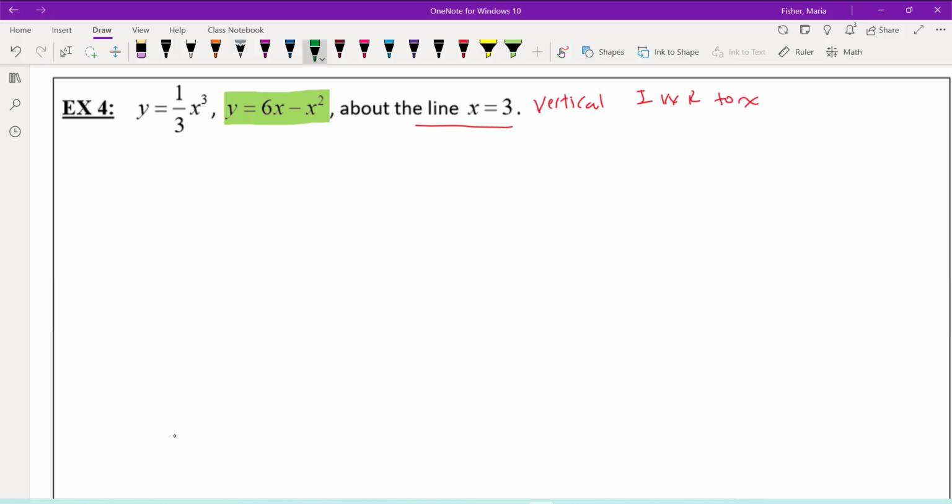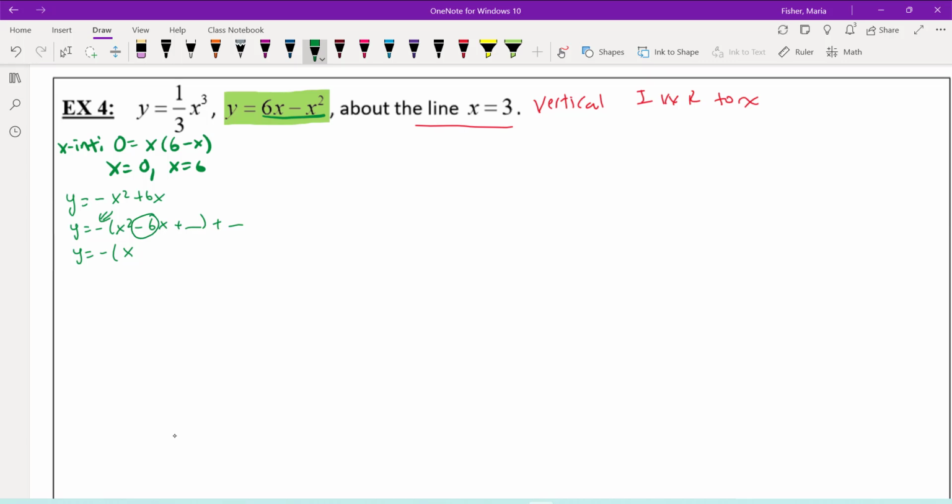If we find the x-intercepts, let y equal 0. We know we can factor out an x quickly, and then we'd be left with 6 minus x. So we know we cross the x-axis at 0 and at 6. If we were to complete the square, rewriting it as the negative of x squared plus 6x, factoring out the negative, adding in the plus blank, and on the outside also a plus blank because we're really subtracting.